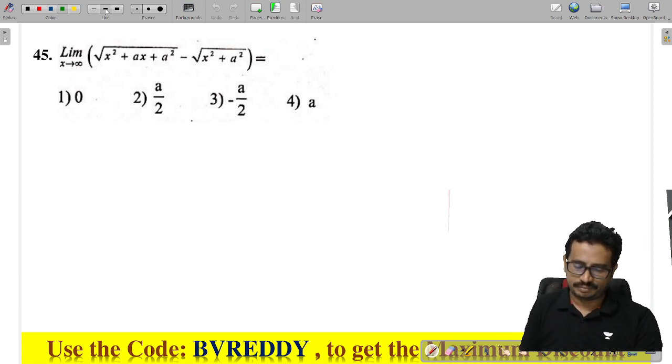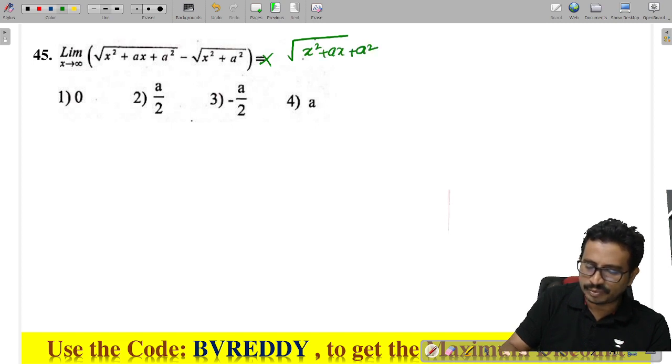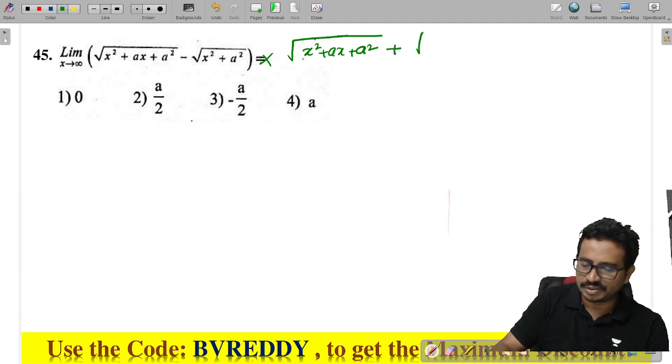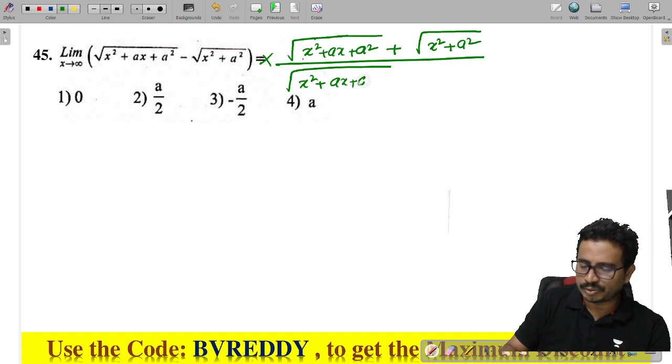Next. Now, so here in this problem what we are doing is, I am simply multiplying the whole equation with x square plus ax plus a square, like a rationalization to get the a square minus b square form, by square root of x square plus ax plus a square plus square root of x square plus a square.